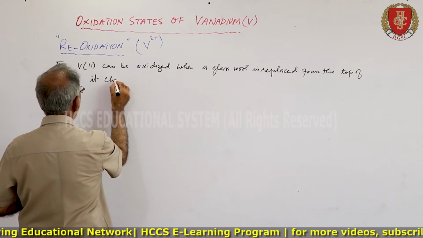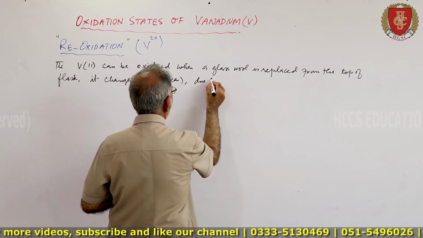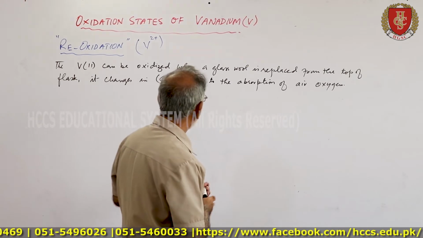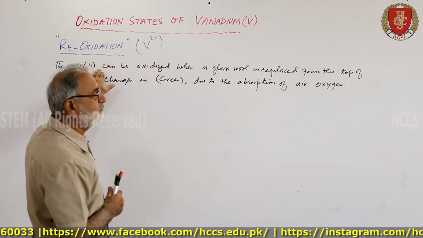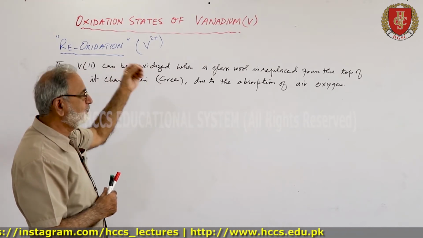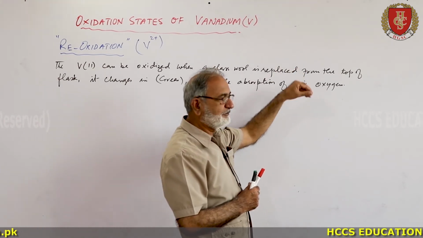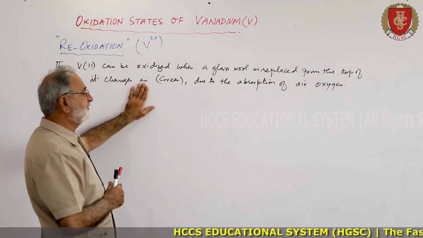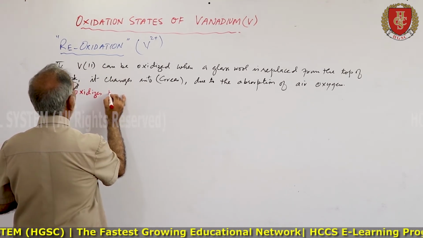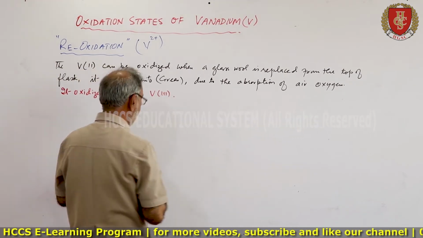It changes into green due to the absorption of air oxygen. So when the vanadium(II) compound is placed in a titration flask, and you open its mouth by removing the glass wool from the top, it will change its color into green. It oxidizes back into the 3 oxidation state.